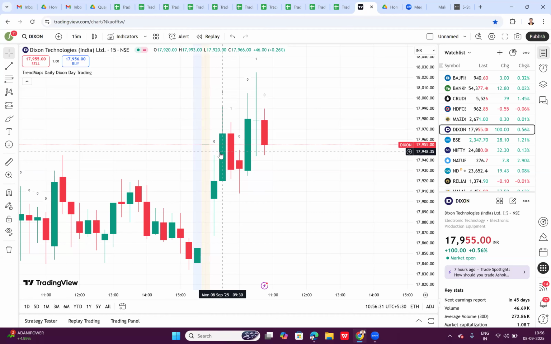So we will place a buy order above the high of the 1 candle, but we will not check any other 0 + 1 setup of the same direction. If we got the trade at 9:45 a.m., then after 9:45 we will place the proper order.